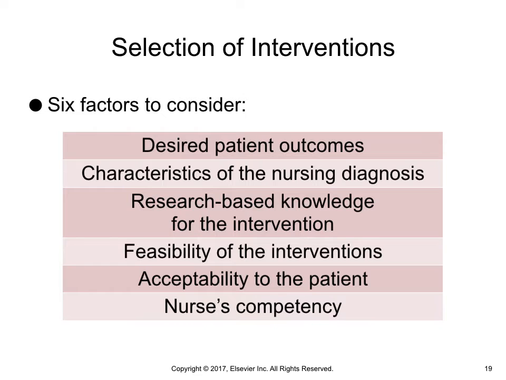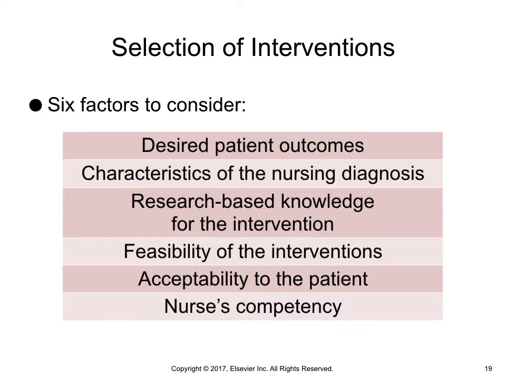Selection of interventions. 6 factors to consider. 1. Desired patient outcomes. 2. Characteristics of the nursing diagnosis. 3. Research-based knowledge for the intervention. 4. Feasibility of the intervention. 5. Acceptability to the patient. And 6. Nurse's competency.